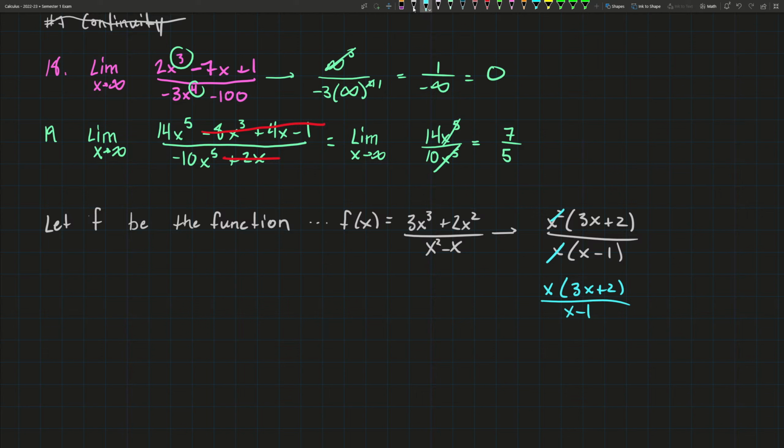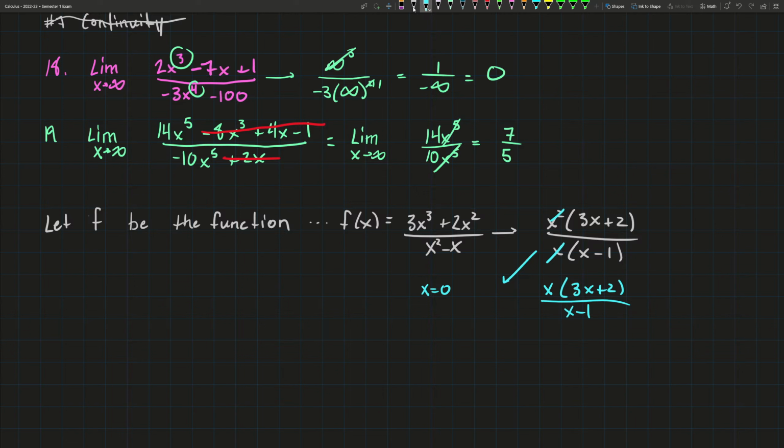Okay, so things we have. There's a hole at x equals 0.